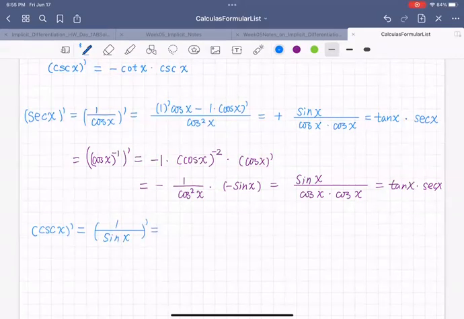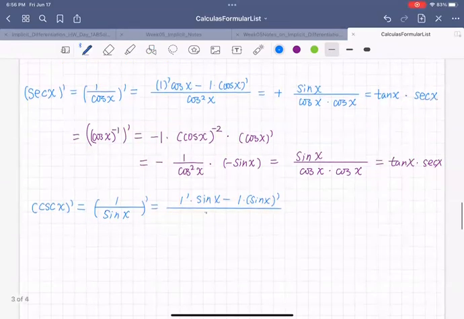Next, you do the derivative of 1 times sine x, minus 1 times the derivative of sine x, divided by sine squared x.